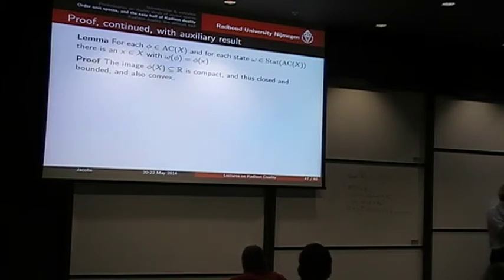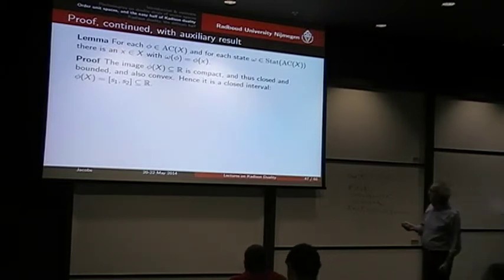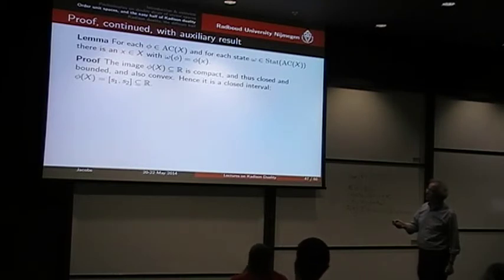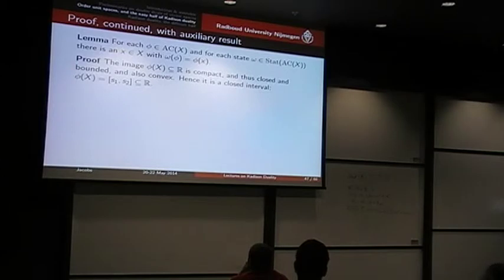It's fairly clear then that this cannot consist of separated, disconnected intervals. It must be really one interval, because intermediate points must also be in there because of convexity. So this image is of this form. Phi of X is a closed interval from s1 to s2 in the real numbers.